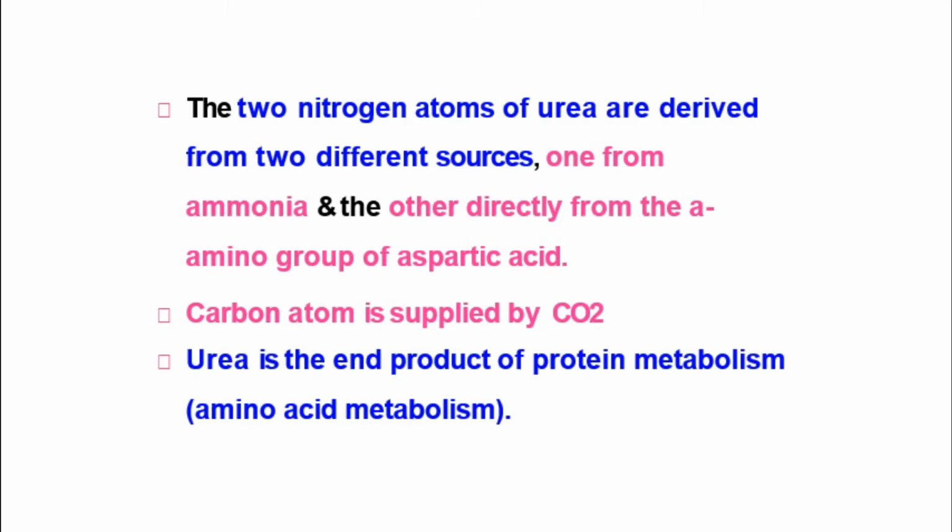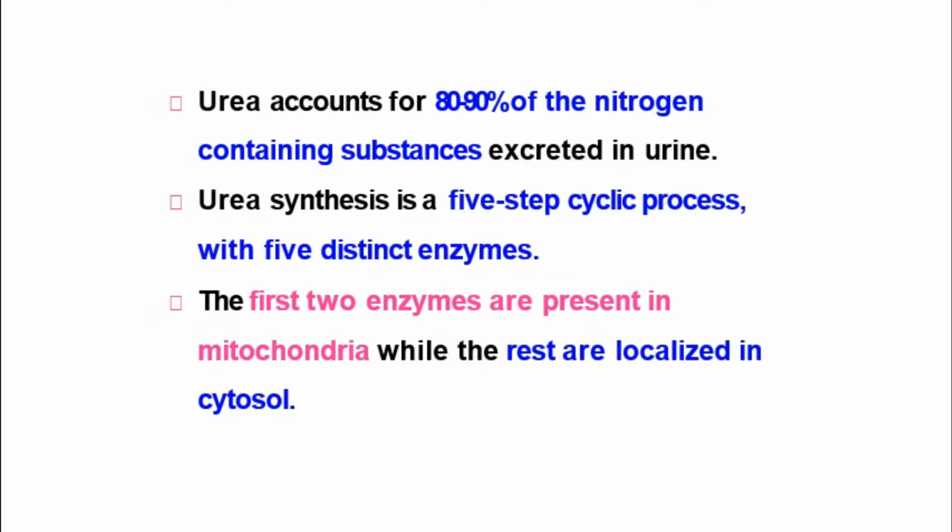The ultimate end product of any amino acid metabolism or protein metabolism is urea. So you see here, urea accounts for 80 to 90% of the nitrogen containing substances that are eliminated from our body. There are 5 steps in urea synthesis and 5 enzymes are involved.